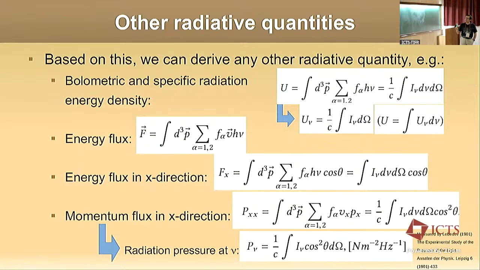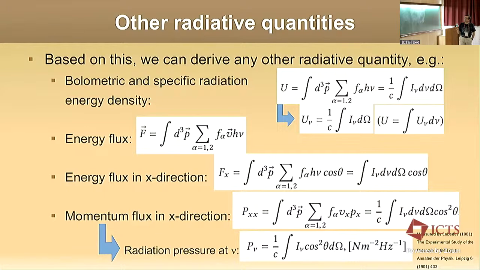How you calculate fluxes generally is you multiply the velocity of the quantity that's flowing by the quantity that is being transferred. And then again, you need to integrate over all momenta and sum up over the polarizations. And again, you easily get the flux of the photons.